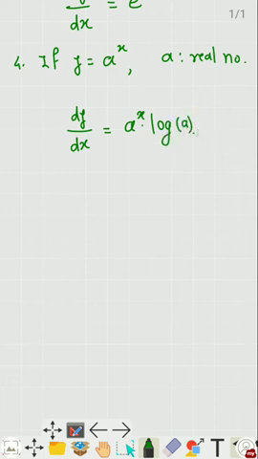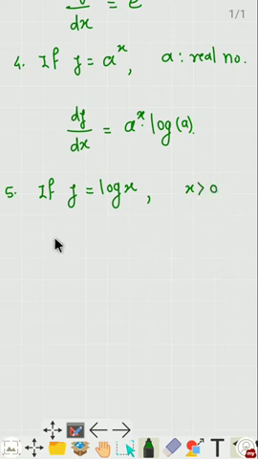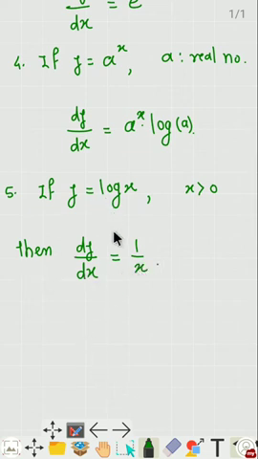And the last, fifth function is y is equal to log x. It is called a logarithmic function, where x takes values greater than 0. Then the formula for the derivative of this standard function with respect to x is dy by dx equal to 1 upon x.